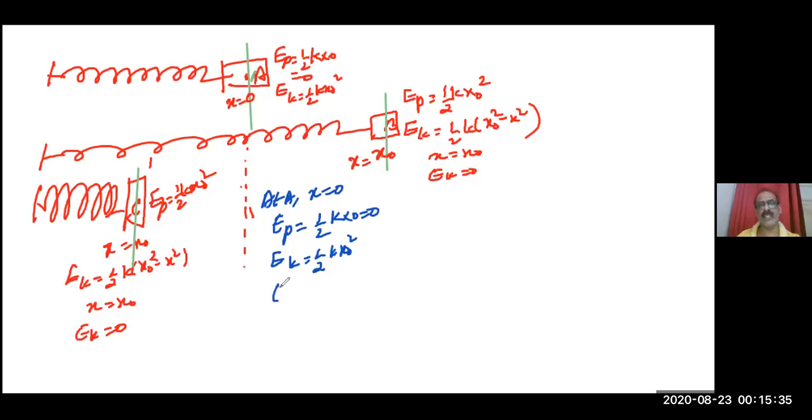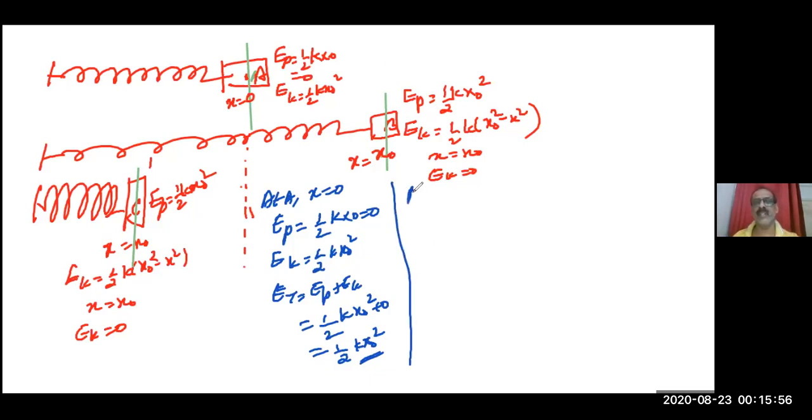The total energy ET is equal to EP plus Ek, that is half k x naught squared plus 0, which is equal to half k x naught squared. At B, x is equal to x naught.